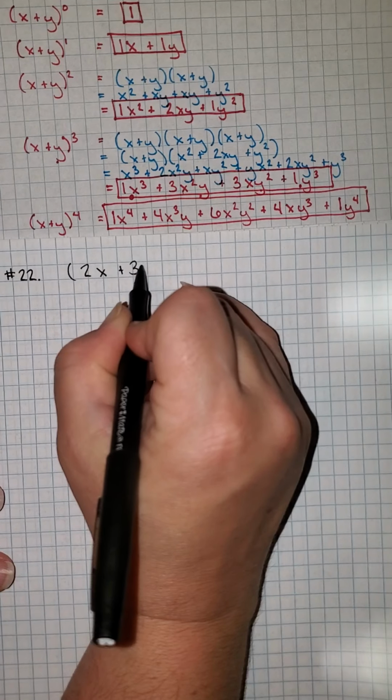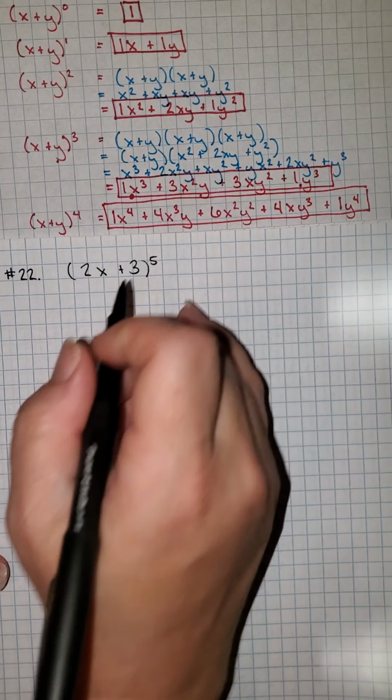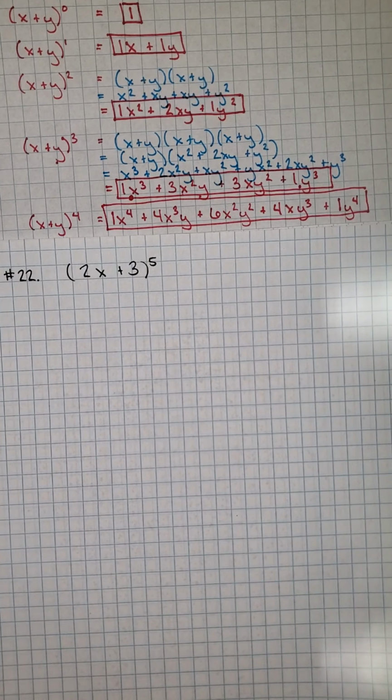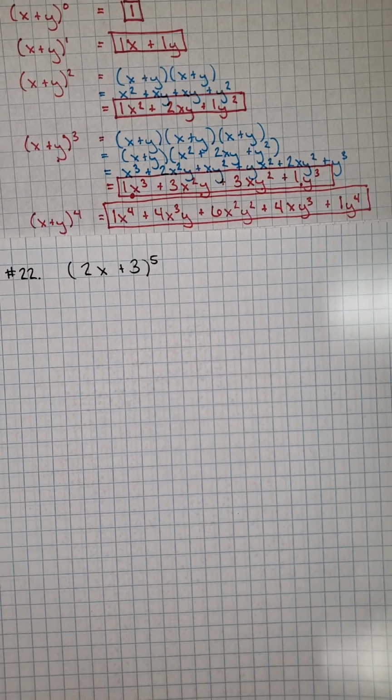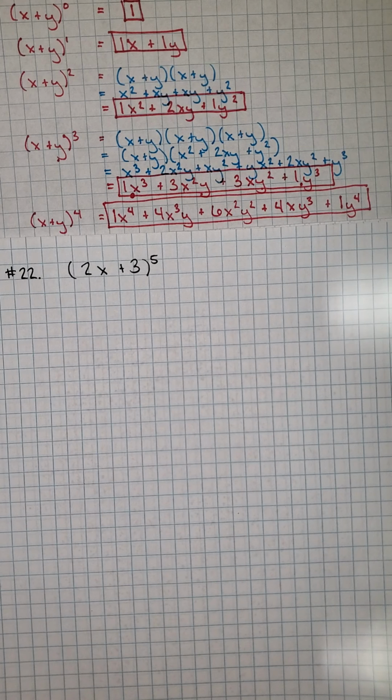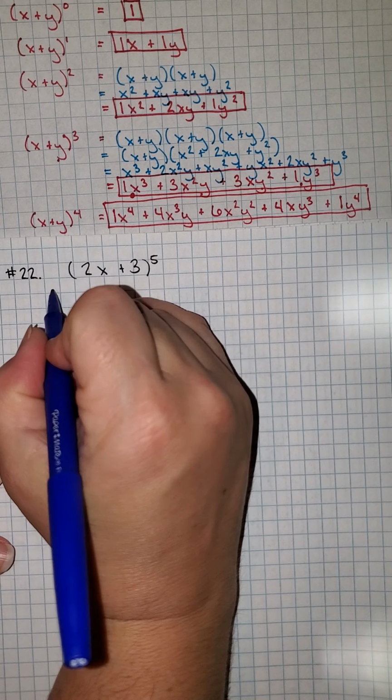All right, so 2x plus 3 to the fifth power. The fifth power means we're going to use row 5. All right, so our coefficients from the triangle.